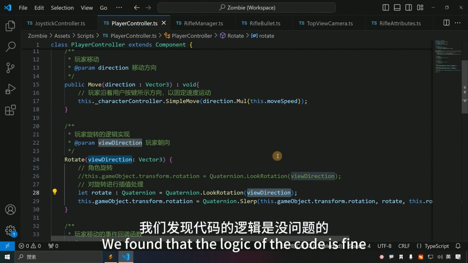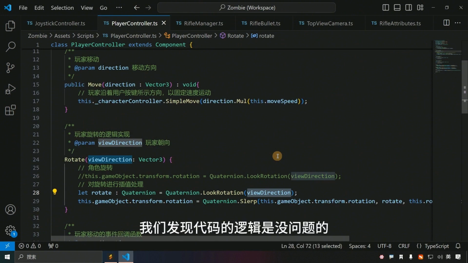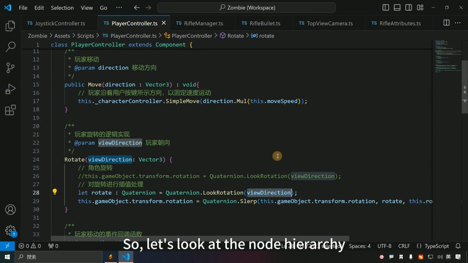We found that the logic of the code is fine. So let's look at the node hierarchy.